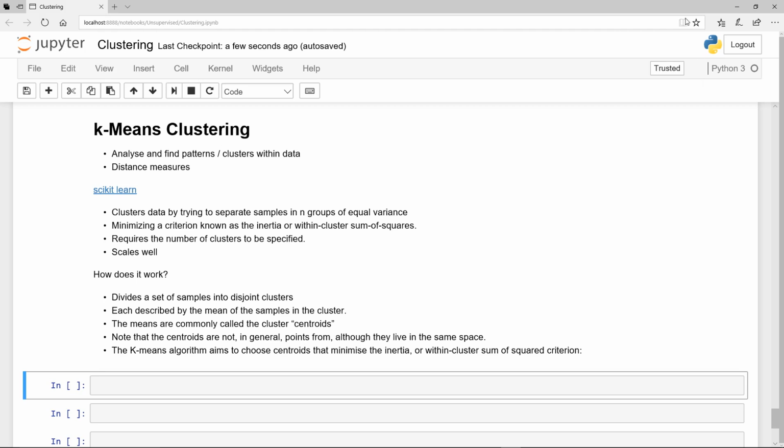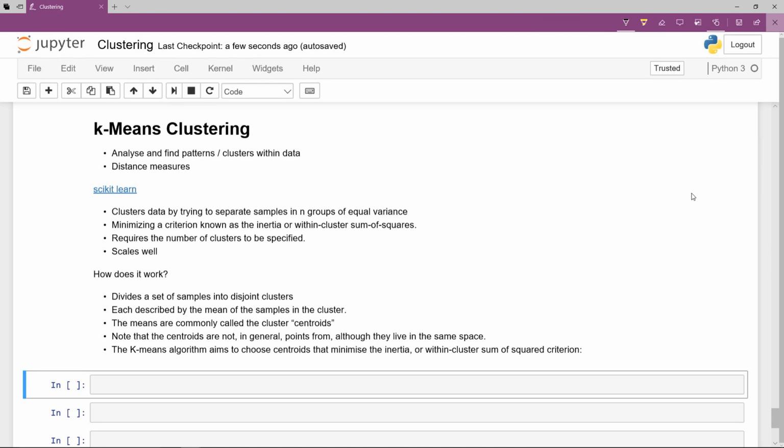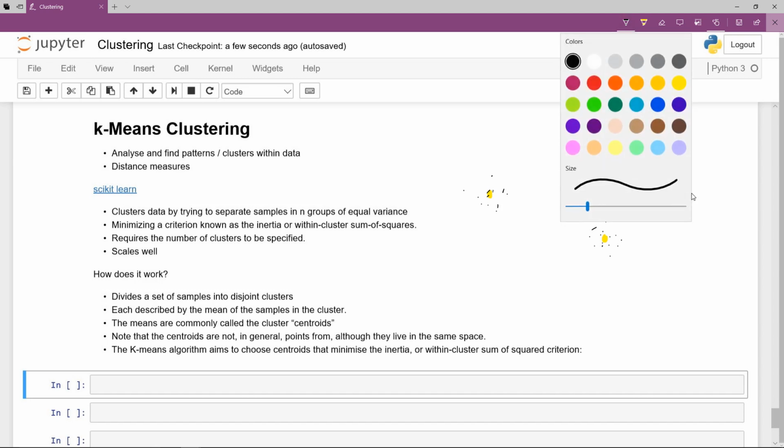If I say I have two clusters, so let's just say it's like this, and then I have another cluster here. And I take, let's just say, a centroid, which could very well be here, and another centroid, which could very well be here. You notice that they are in the same space. That part is pretty obvious.